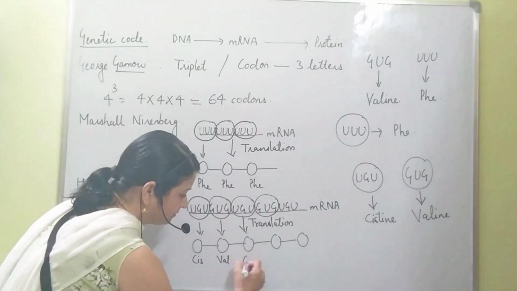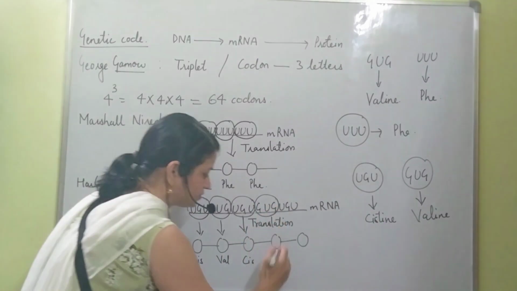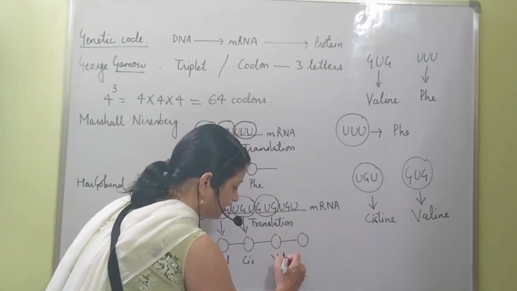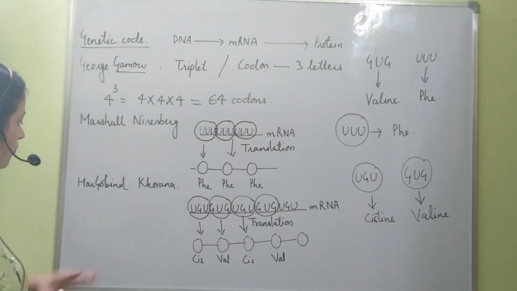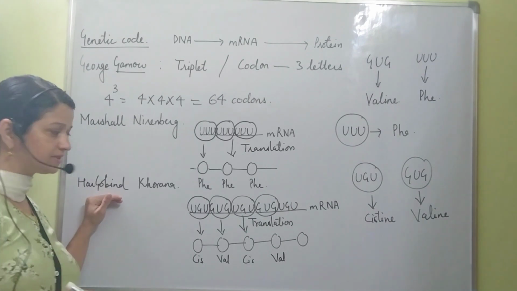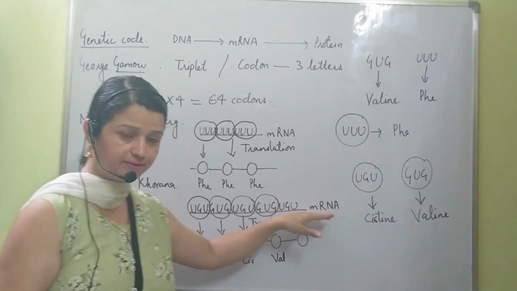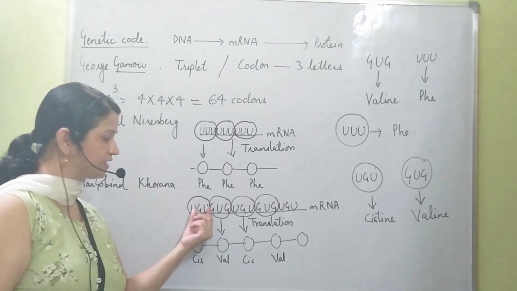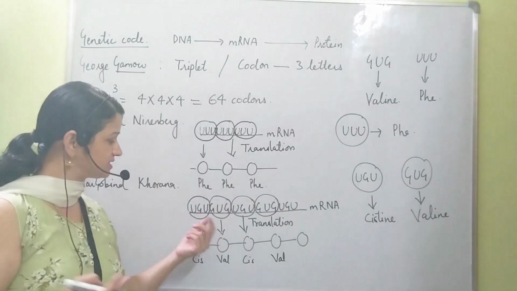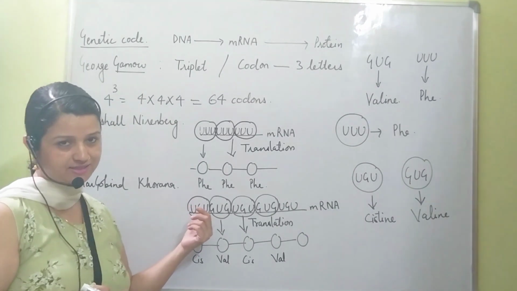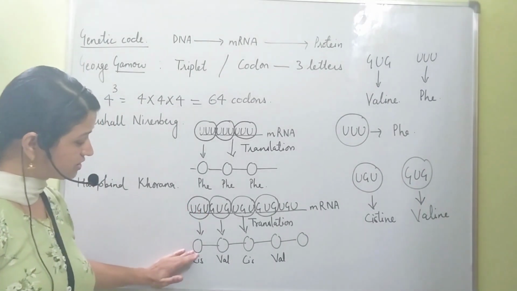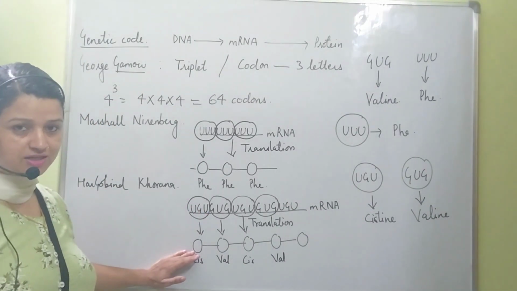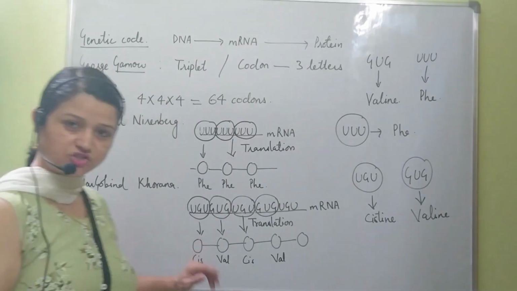Clear? So what Dr. Hargobind Khurana did, he made a synthetic messenger RNA, and when he was making it, he took only two types of nucleotides, that is uridylic acid and guanylic acid, and he got two types of amino acids in his polypeptide chain.